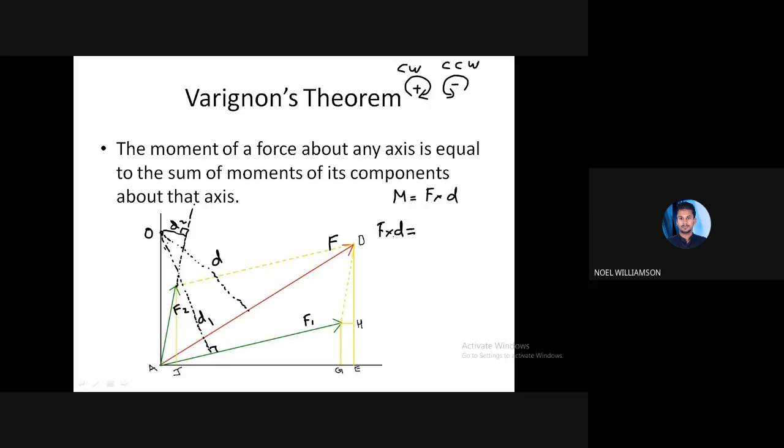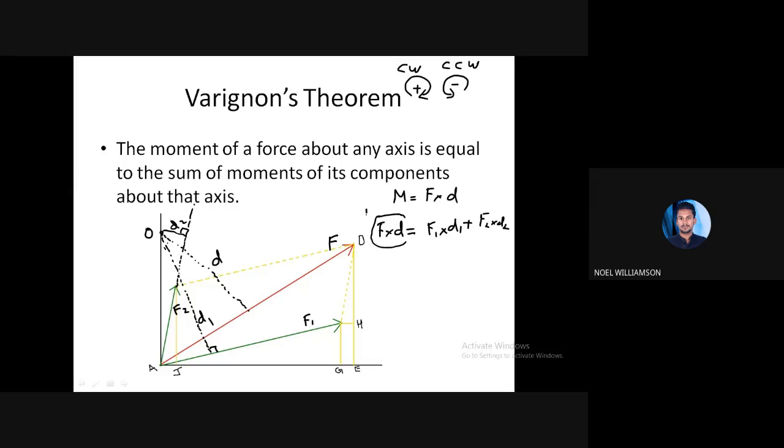According to Varignon's theorem, the moment of a force about any point, F into D, will be equal to the algebraic sum of the moments of its components. The first component is F1, so its moment is F1 into D1, plus the moment due to the second force, F2 into D2.